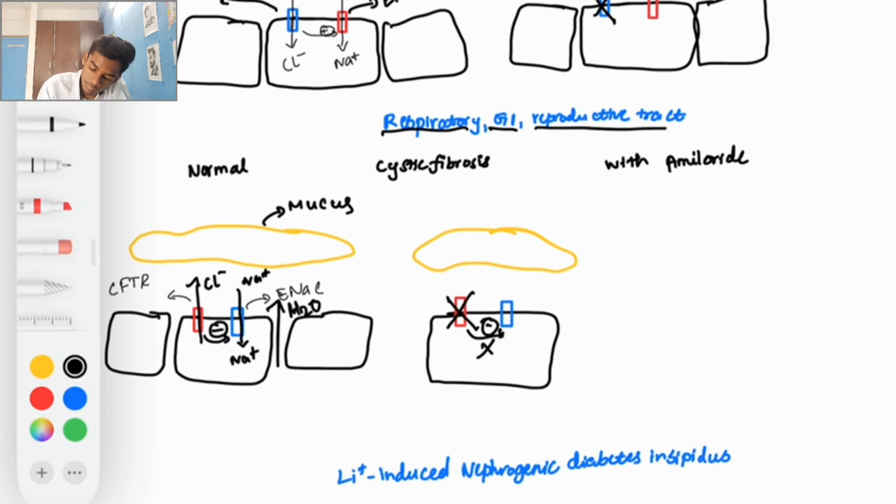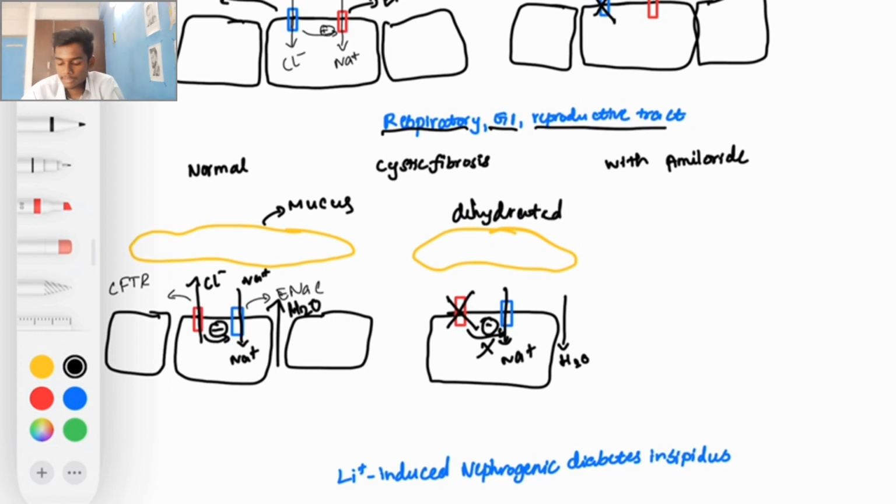So there will be more sodium influx, and chloride is not moving outside. So there is less concentration of salt in the mucus. So water will move inside. So the mucus becomes dehydrated. Because it is dehydrated, the mucus cannot be cleared. So there is less mucociliary action.